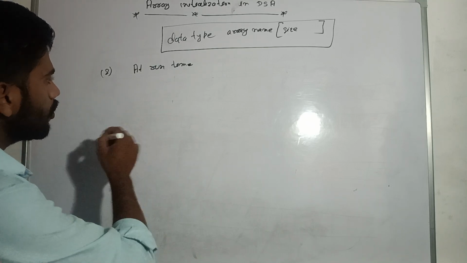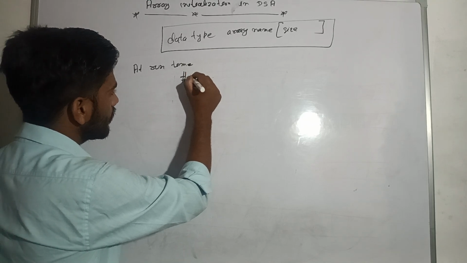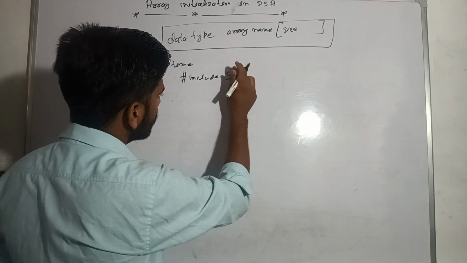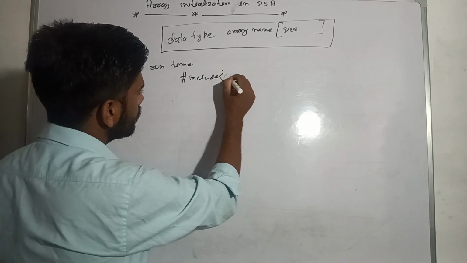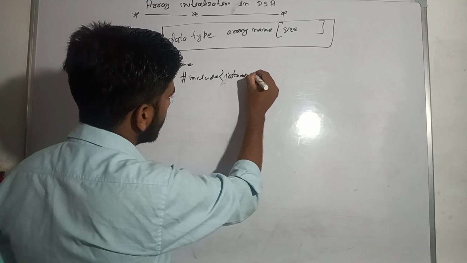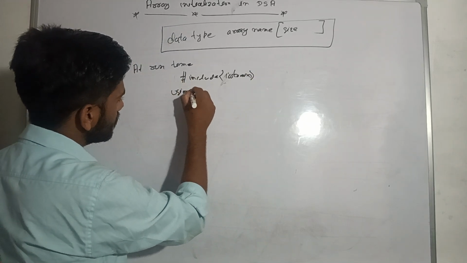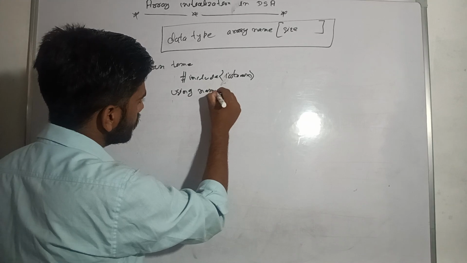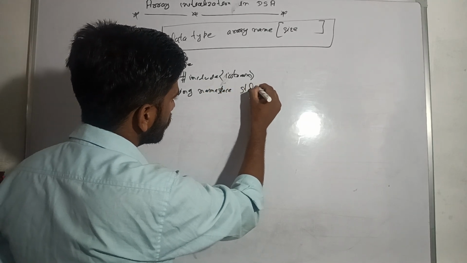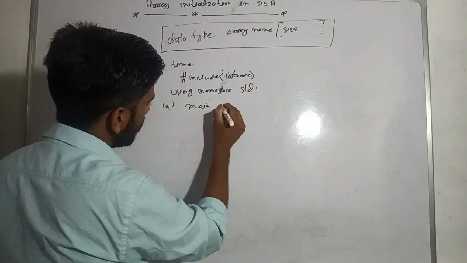Okay, using a for loop, I will suppose that we have defined include stdio, include iostream, string. Okay, and using namespace std and main.